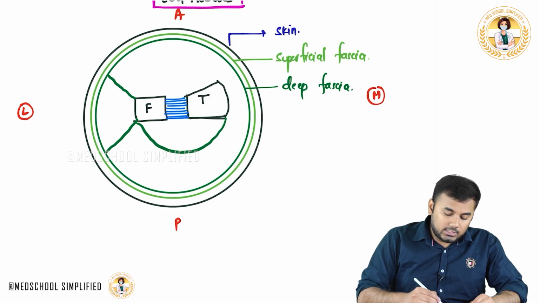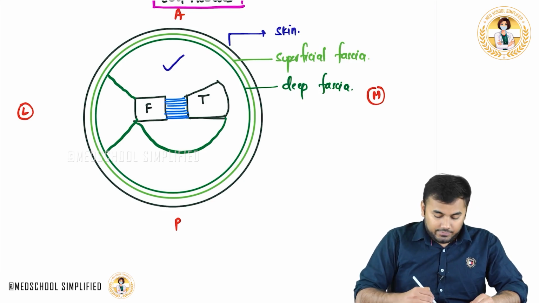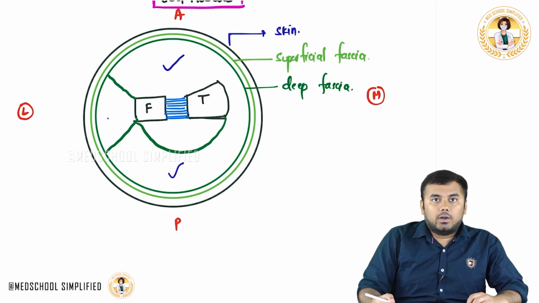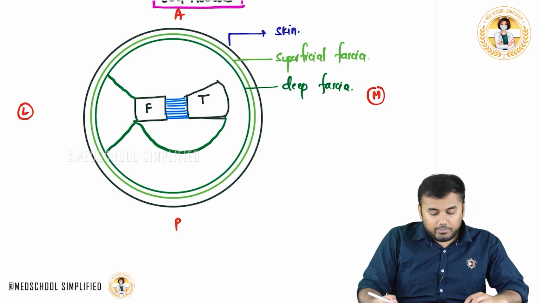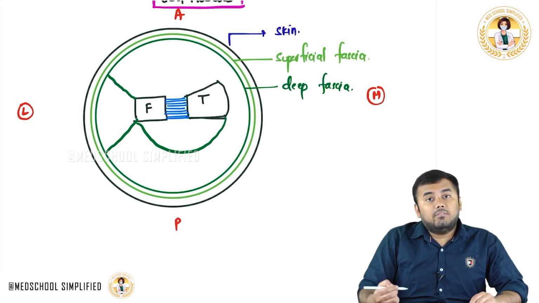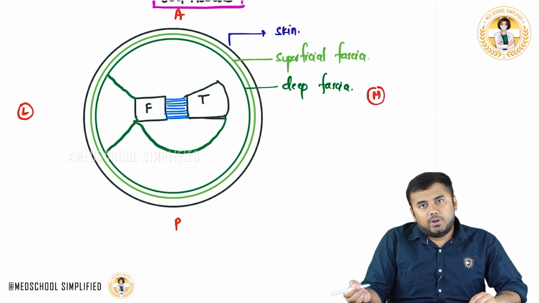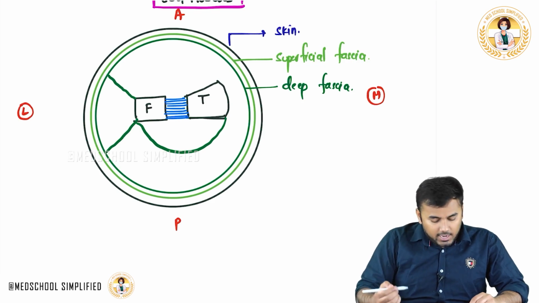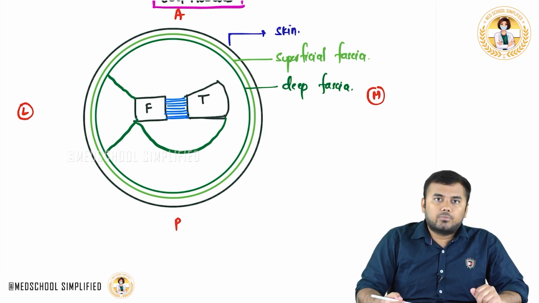This is the anterior compartment, this is the posterior compartment, and this is the lateral compartment. We don't have a medial compartment in the leg. In the same way, in the thigh we don't have a lateral compartment, we have a medial compartment. In the leg we have a lateral compartment.